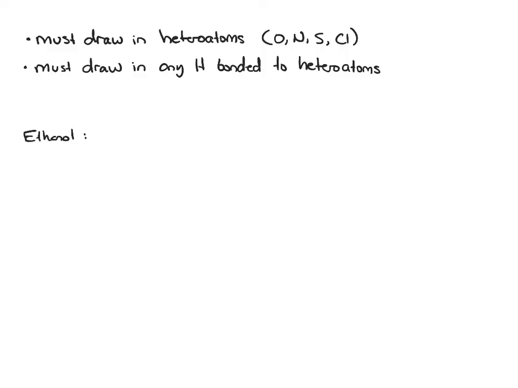And here is the condensed structure for ethanol, where we have a CH3, a CH2, and then OH. So now what I basically do when I draw this, I see that there's 3 main atoms in the chain, carbon, carbon, oxygen. So when you draw the structure, I draw this.